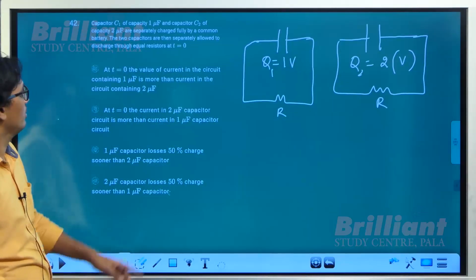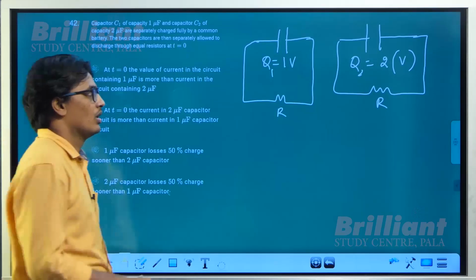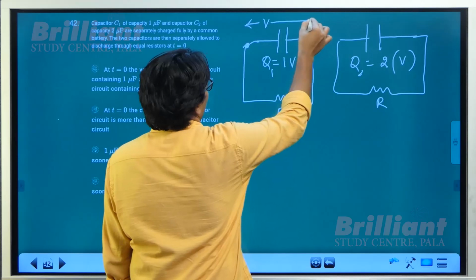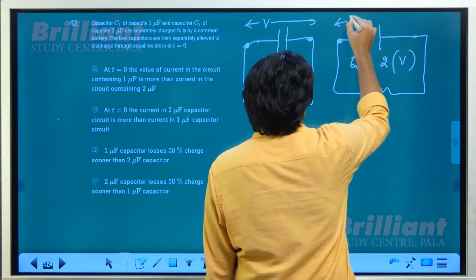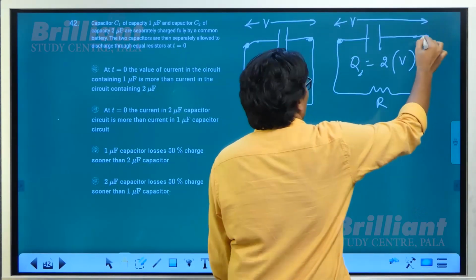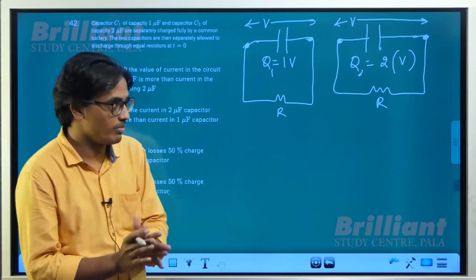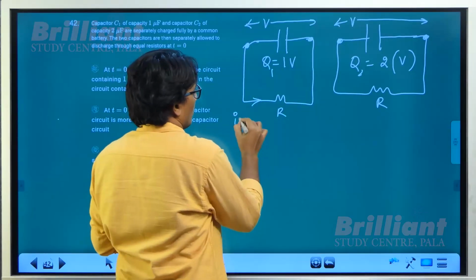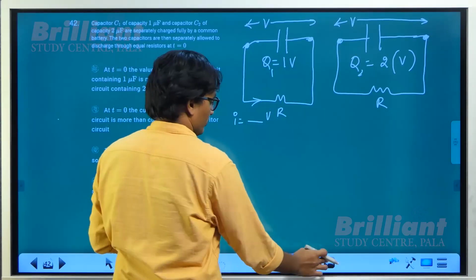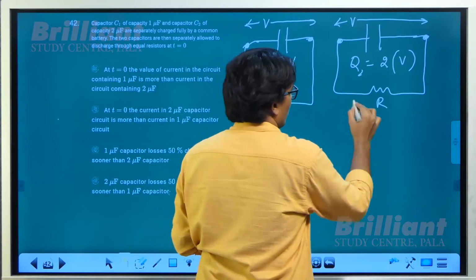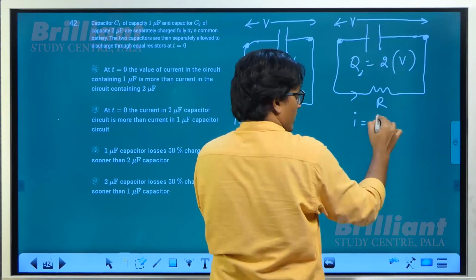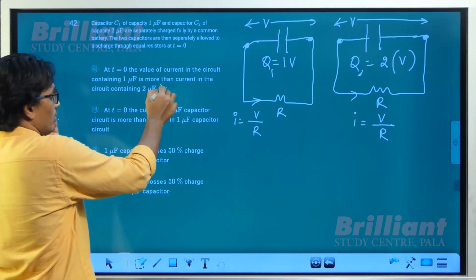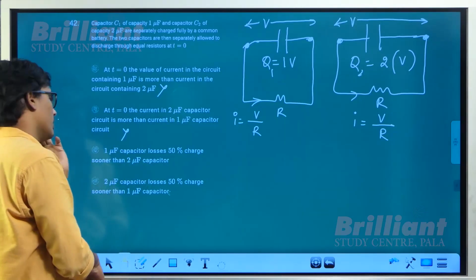At t equal to 0, they want the current. The potential difference across this at t equal to 0 is V. The potential difference across this at t equal to 0 is also V, as they are charged by the same battery. So the current in this will be V by R, and the current in this will also be V by R. So at t equal to 0, the current is the same. Wrong. Current is same. Next.